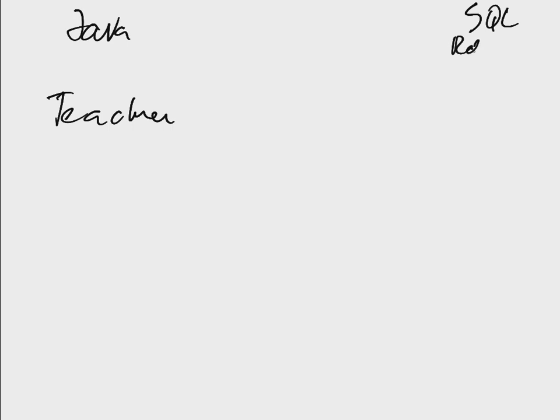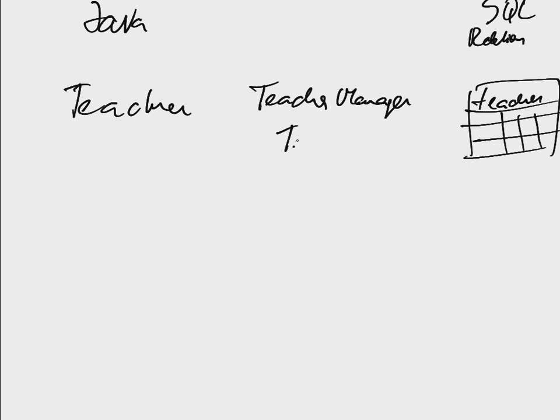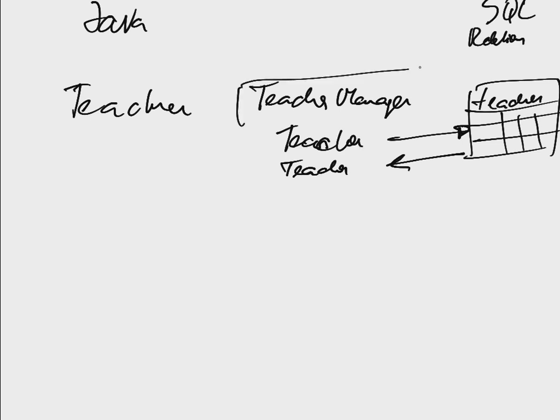Okay, relational world, where we have a teacher data table with some fields and values, and the manager does the following. It allows you to take a teacher object and save it into the table, or retrieve data of the table and get a teacher object back. So that's what this teacher manager does.